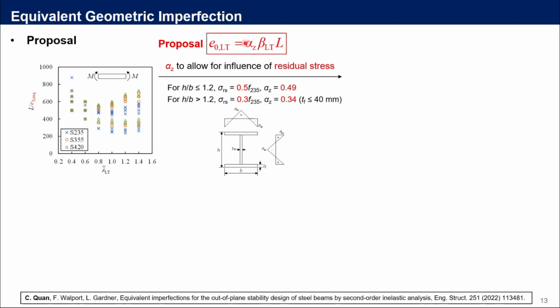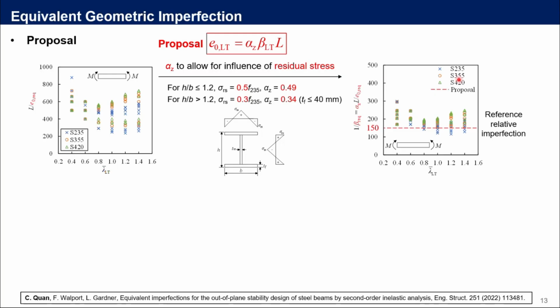After normalizing by alpha z, these numerically generated required equivalent geometric imperfections could be converted into numerical results of beta values. Beta is the reference relative imperfection.